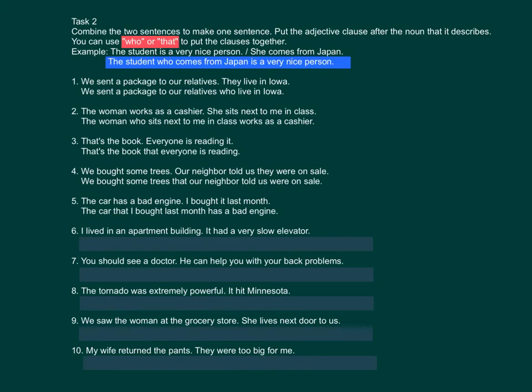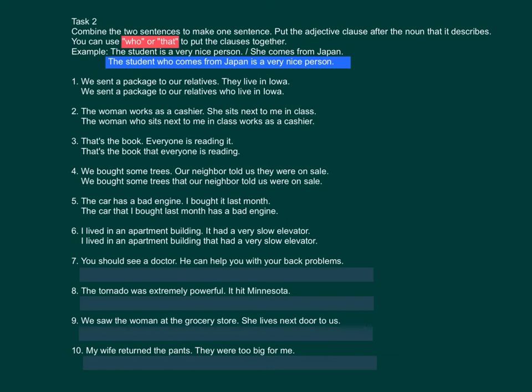Number 6. I live in an apartment building. It has a very slow elevator. The answer is: I live in an apartment building that has a very slow elevator.